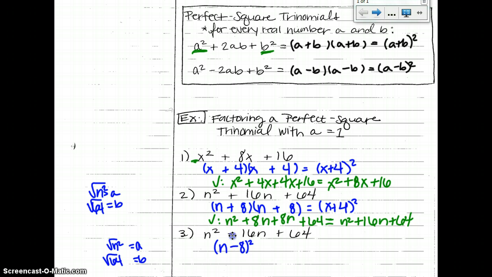I chose to do minus because this is set up in the formula of a squared minus 2ab plus b squared. Okay, let's check our answer. If we would expand this out, we would have n squared minus 8n plus 64.